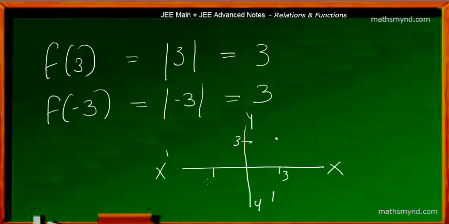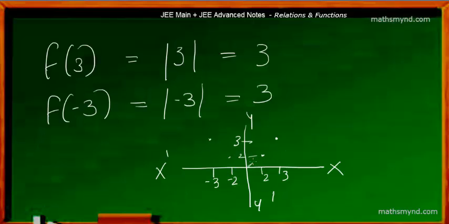And if the input value is negative 3, once again the result would be 3. For 2, it would be 2. And once again for -2, again it would be 2.